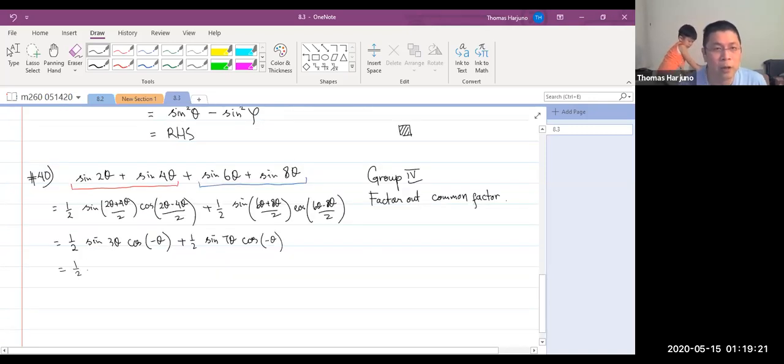So 1/2 sine 3 theta cosine theta plus 1/2 sine 7 theta cosine theta. And then factor the common factor 1/2 cosine theta of sine 3 theta plus sine 7 theta.